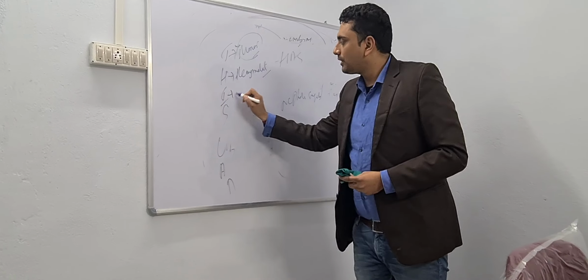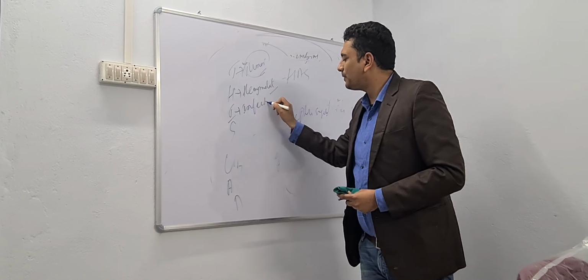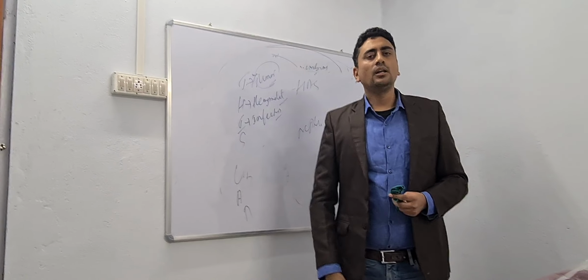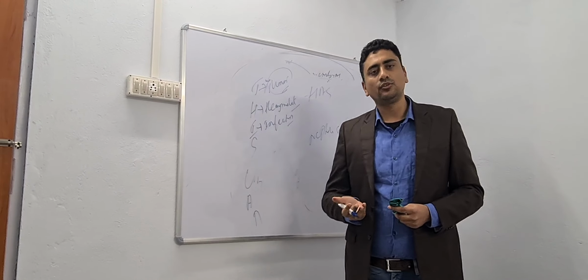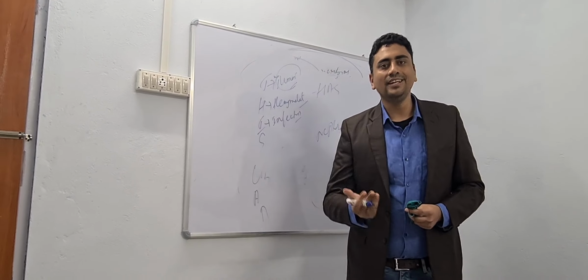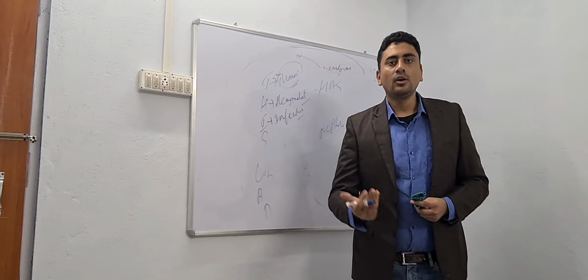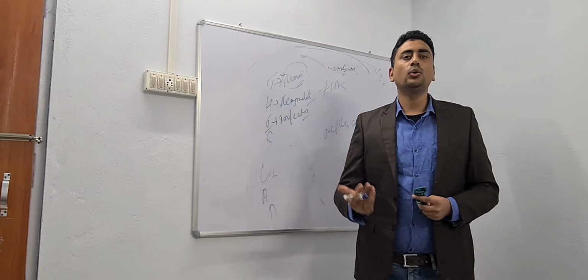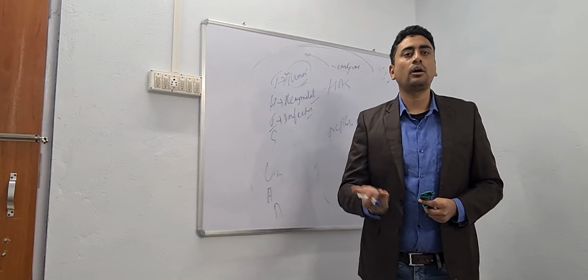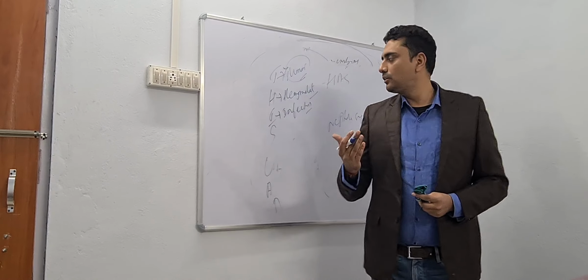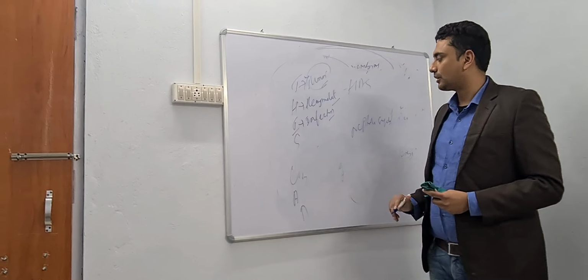I stands for infection. There are various kinds of infection associated with nephrotic syndrome. It could be seen in hepatitis B, hepatitis C, or syphilis, or subacute bacterial endocarditis. So there are many causes associated with infection.